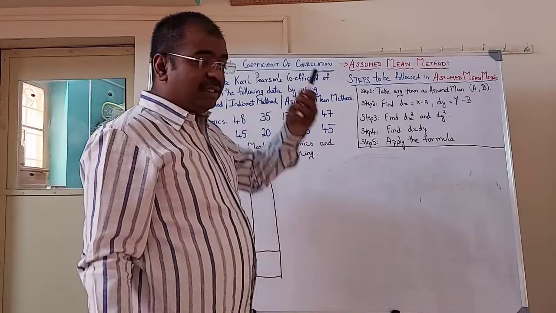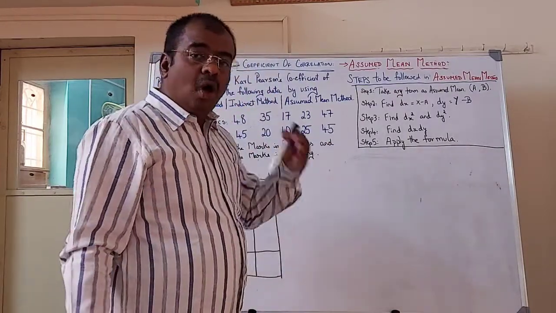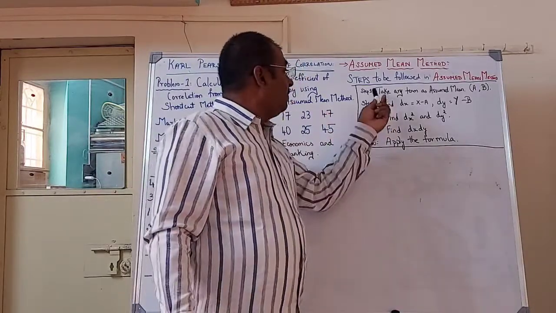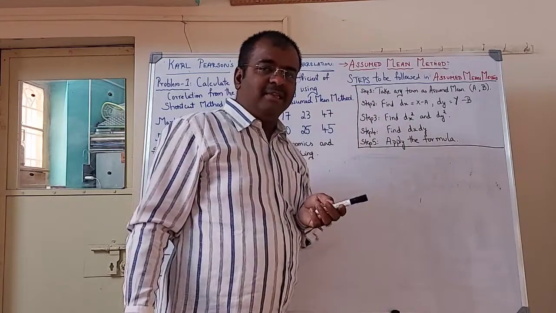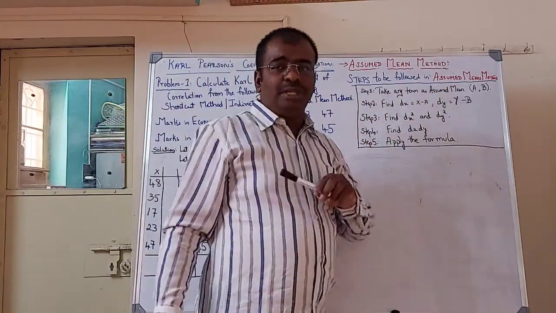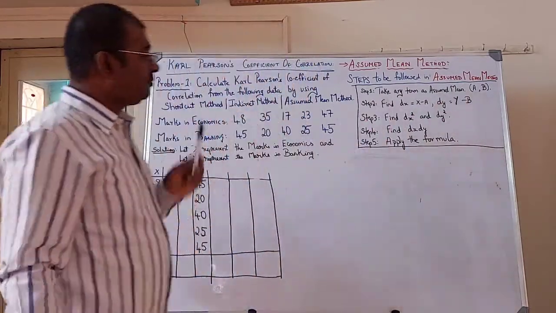So if you look at the previous method procedures and this method procedures, all the procedures are one and the same, apart from only the first step. There we calculate the mean, that is average, but here we randomly choose any one value as the assumed mean.